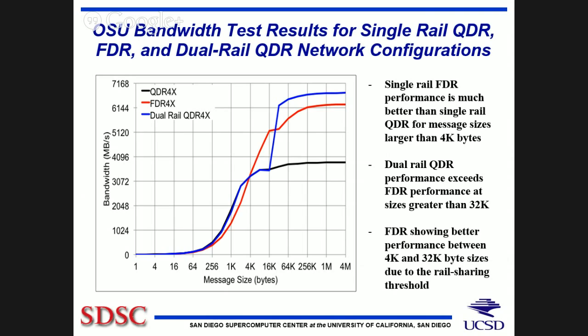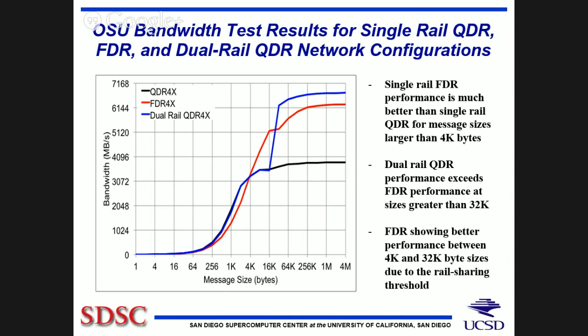So the first plot I have is essentially test results with single rail QDR, FDR, and dual rail QDR, and this is a bandwidth test just with 2 nodes and 2 processes essentially. What we did is just out of the box default settings for all the thresholds and the round robining.